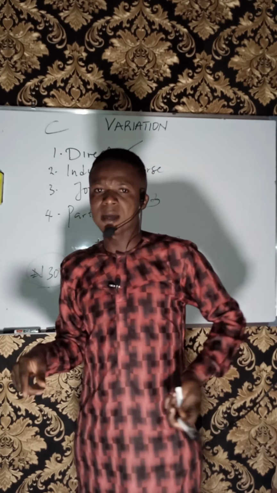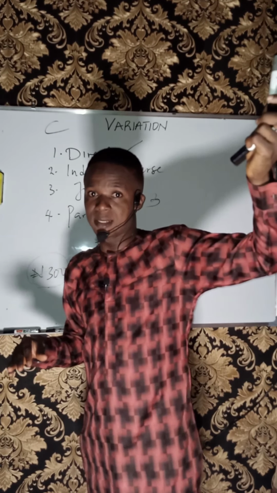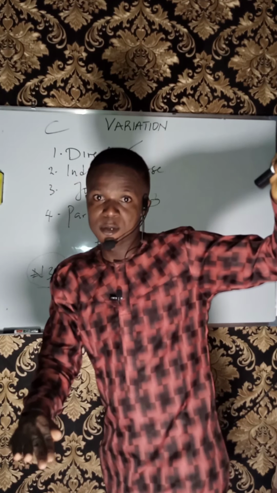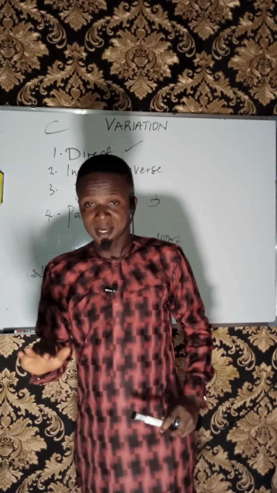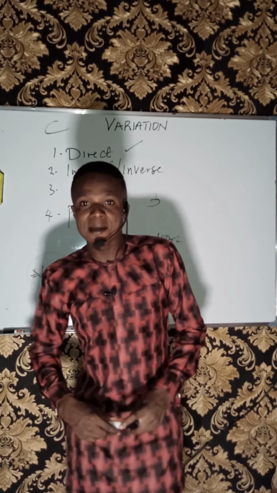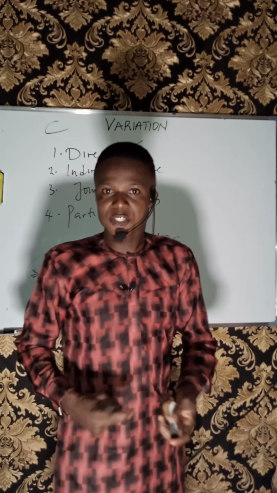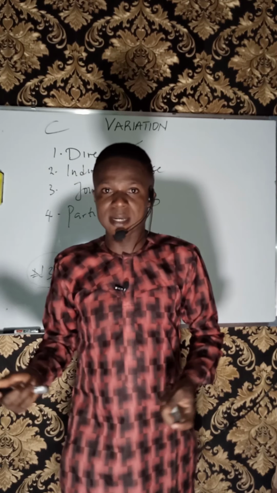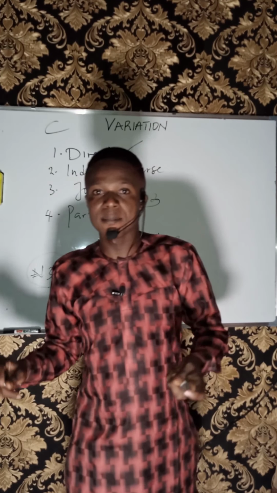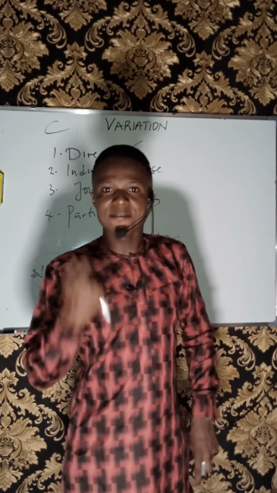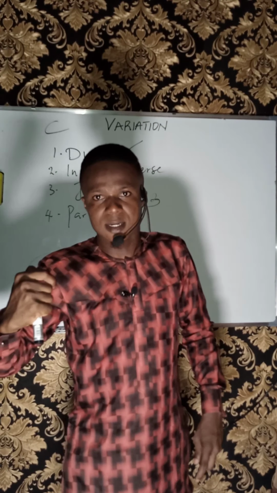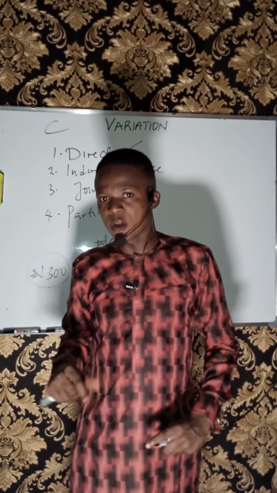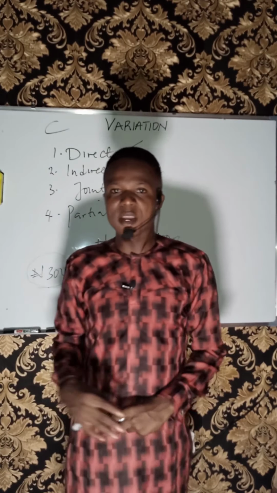Also, when we talked about when there are many laborers, the time it will take them to do the job will reduce. What if you have weak men that are not strong, and you called like 50 weak men to come and perform a work? Do you know that if you have 10 very strong men, that 10 men can finish the work in lesser time than the 50 weak men?